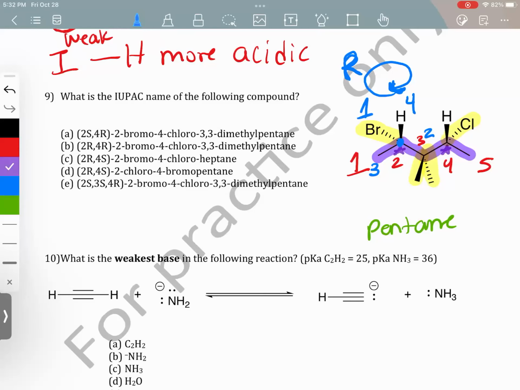So now, let's do a different color. Let's look at this carbon over here. So higher priority goes to what? Chlorine. It'll go to the chlorine over here. Then comes what?